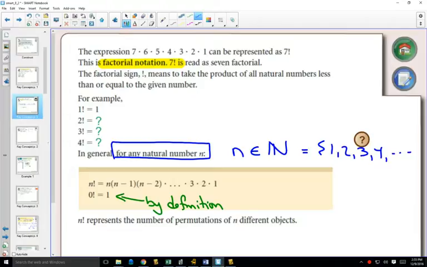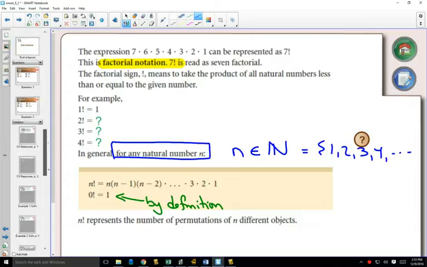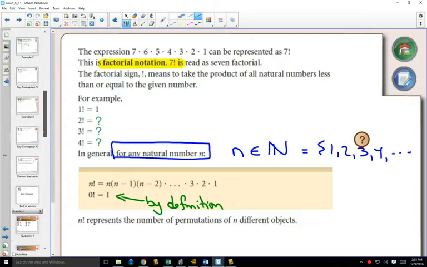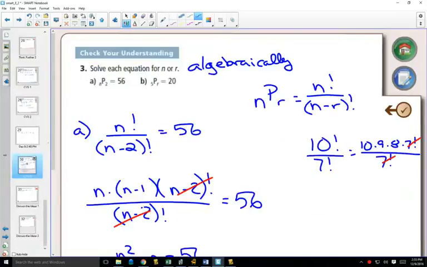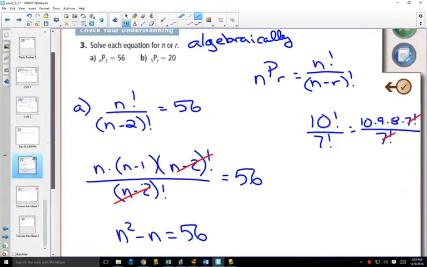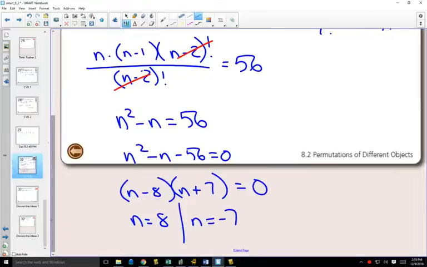So factorials only work if we are dealing with positive whole numbers or 0. So this one is an extraneous root, and the only possible answer is 8.